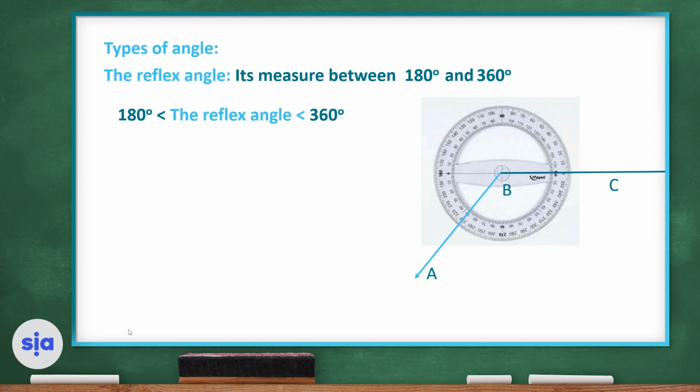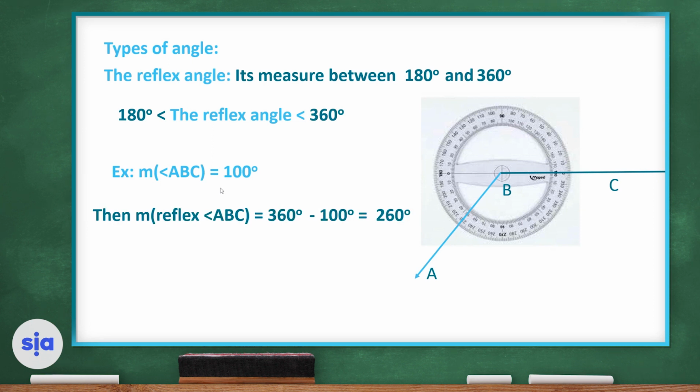Now let's go to the reflex angle. The reflex angle, its measure is between 180 degrees and 360 degrees. The reflex angle is more than 180 and less than 360. If we say that the measure of angle ABC is 100 degrees, then the reflex angle is 360 minus 100, so it is 260 degrees.